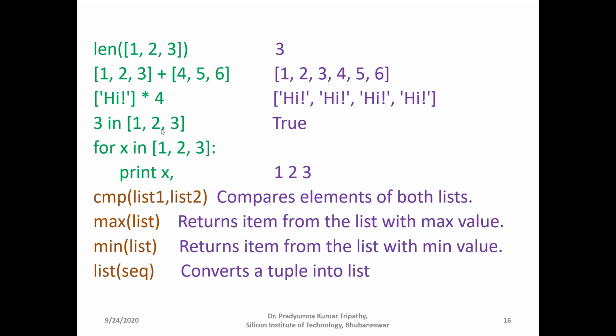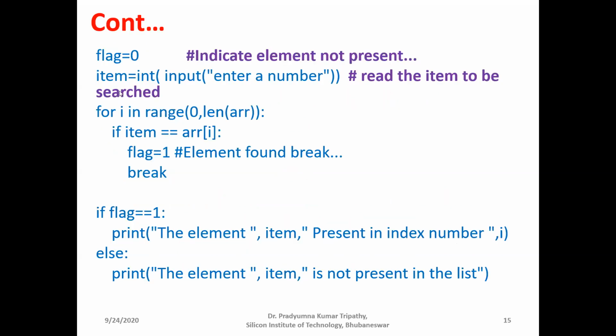Is it understood? If you use this in linear search, just think over here. If I check item in array, I'll write x is equal to item in array. That will return true or false. Directly we will get whether the item is present, without writing the entire logic over here.